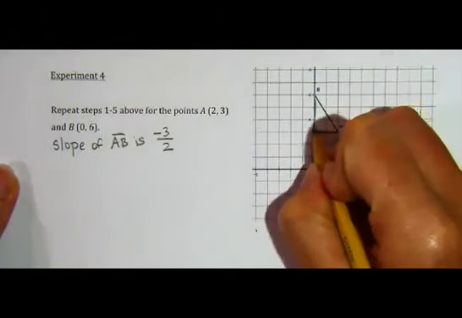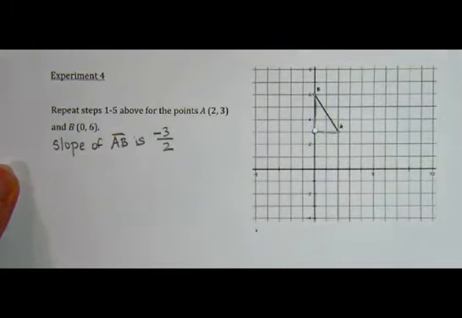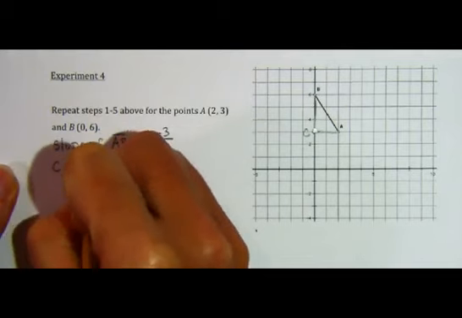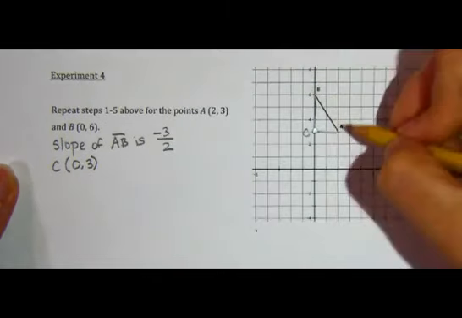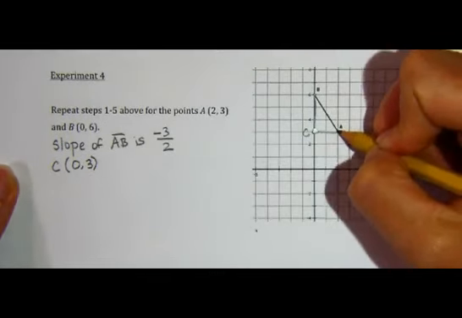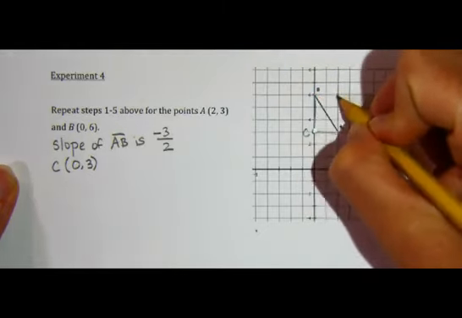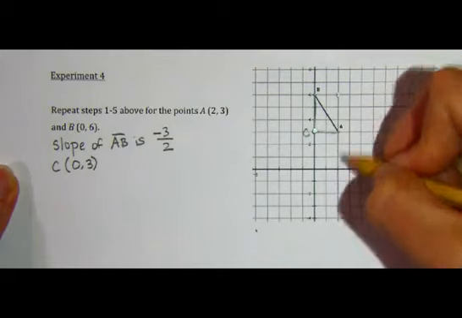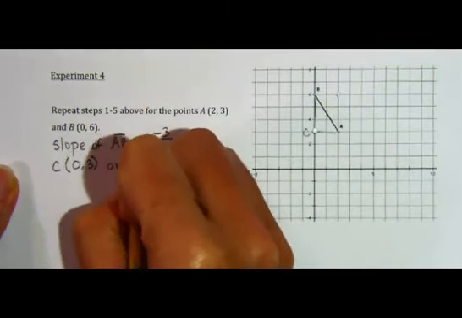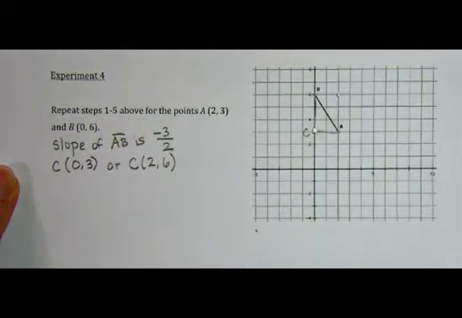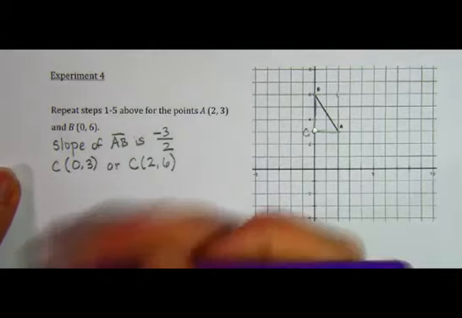We can find point C using the path that we traced for rise over run. C could be located at (0, 3), or if we started at point A and rose 3 and went to the left 2, we could find point C could also be at (2, 6). We will use the point (0, 3) in our experiment.